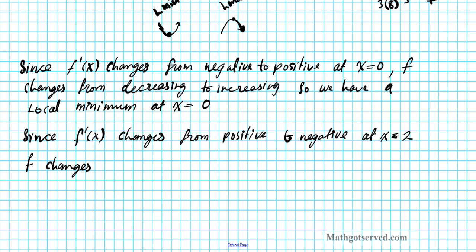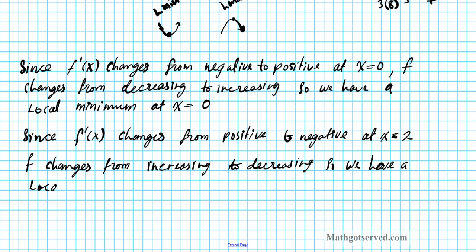F changes from increasing to decreasing. So we have what? We have a local maximum at x equals 2. Okay, so there goes our local extrema for this function on the open interval.